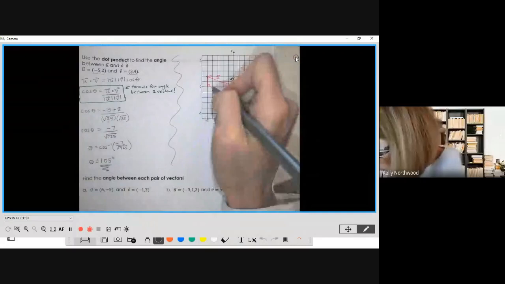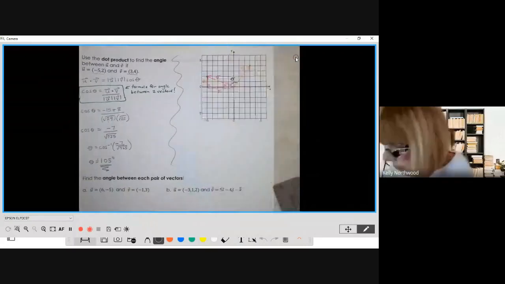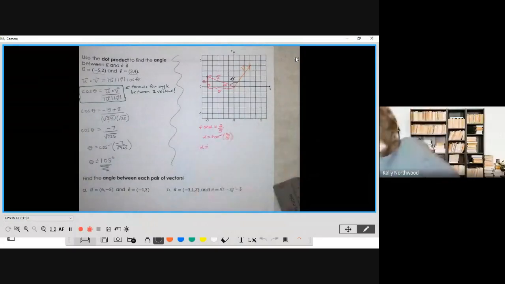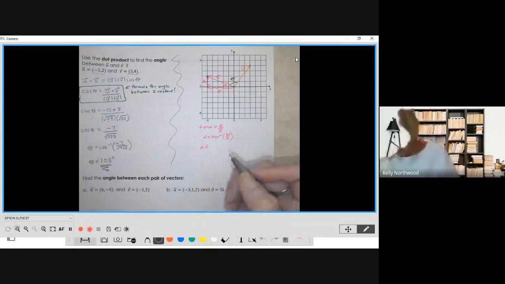So we can use tan of alpha is 2/5. So alpha is going to be the tan inverse of 2/5, which is 22 degrees approximately.